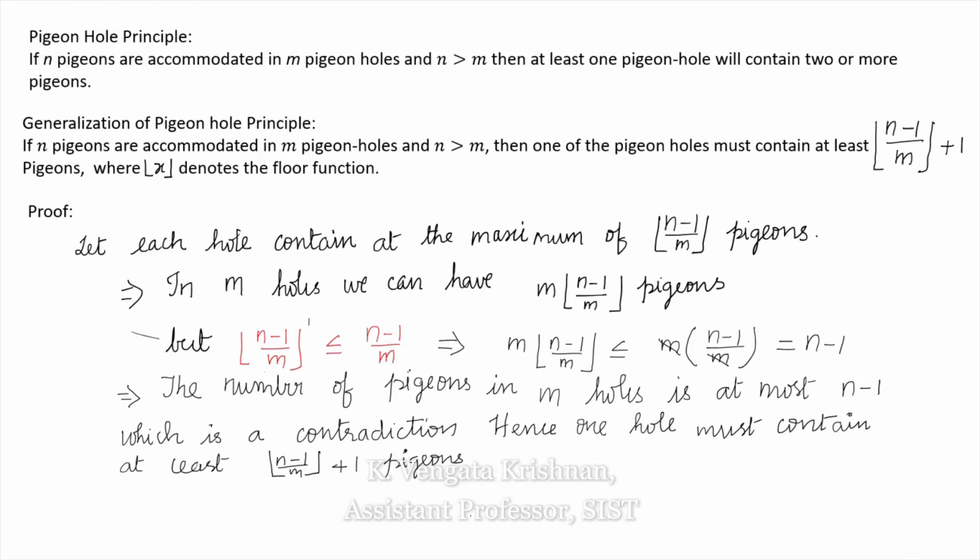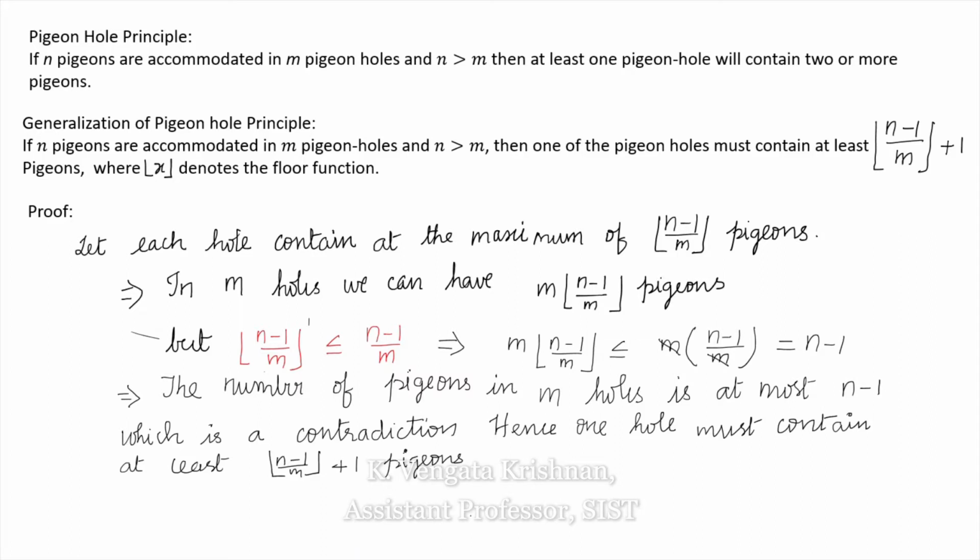The pigeonhole principle states that if n pigeons are to be accommodated in m pigeonholes and the number of pigeons is greater than the number of holes, then at least one hole should contain two or more pigeons.